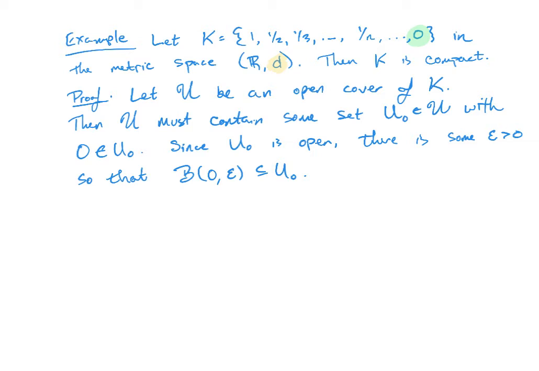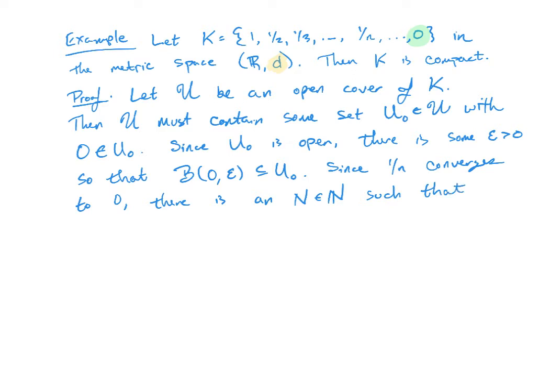Since 1 over n converges to 0, there is a capital N in the natural numbers such that, for all n at least capital N, the terms of the sequence 1 over n are in that epsilon ball centered at 0, which is contained in U naught.